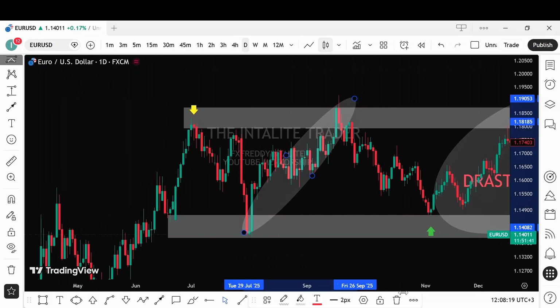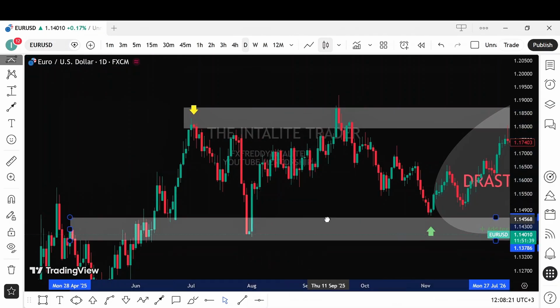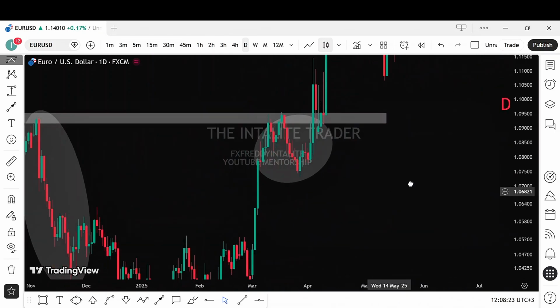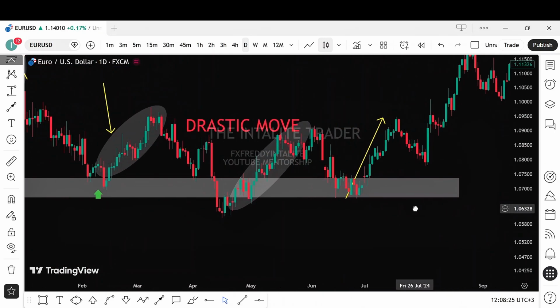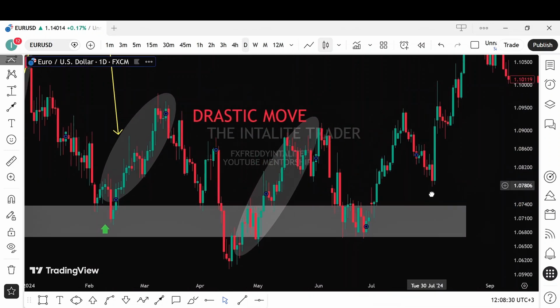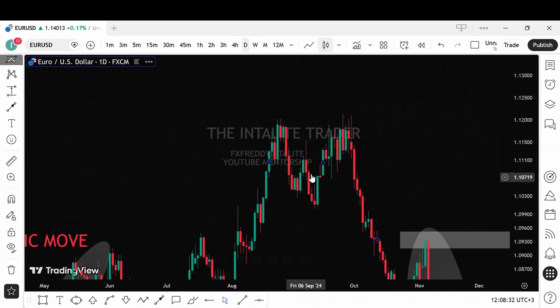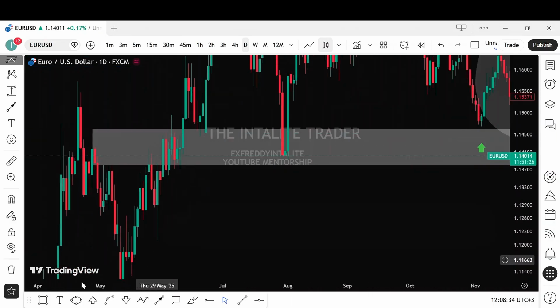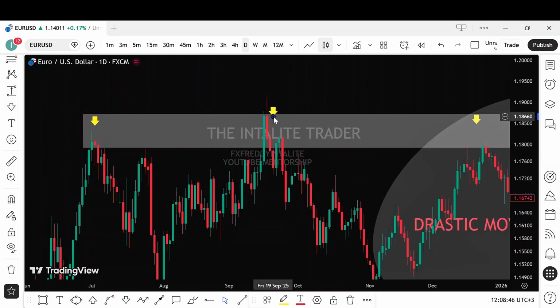So let's look at the psychology behind why the market respects these drastic moves. When the market comes into it, it keeps respecting those drastic moves. These areas are of high interest to the big boys.